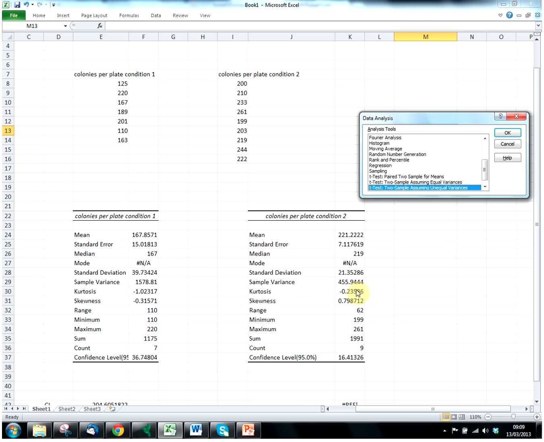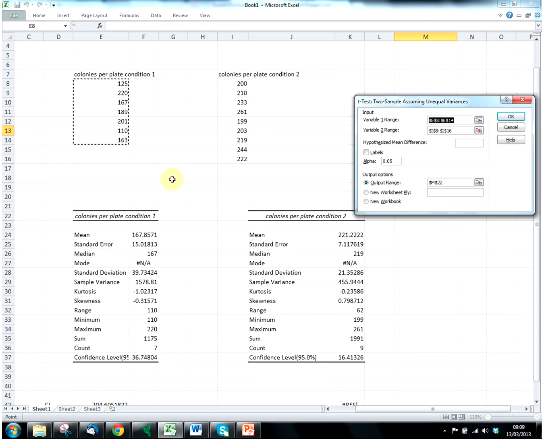And the equations for these t-tests are slightly different depending on if we know the variance or if we assume they are unequal. Anyway, we have unequal variances here and two samples, so we just simply click OK.